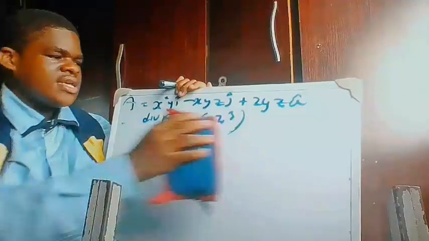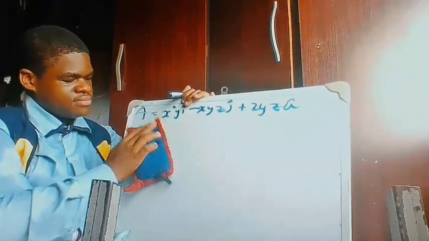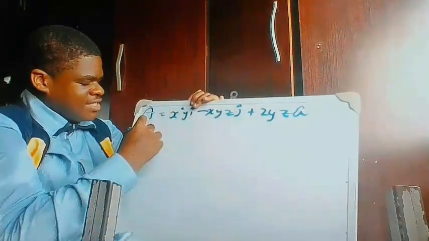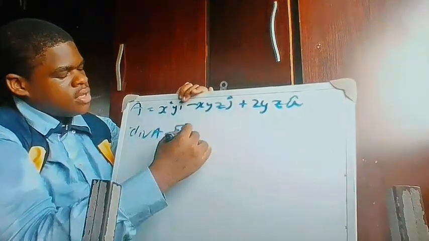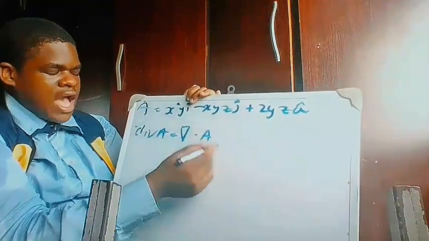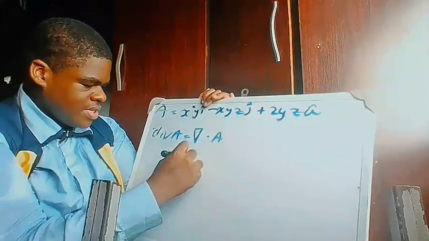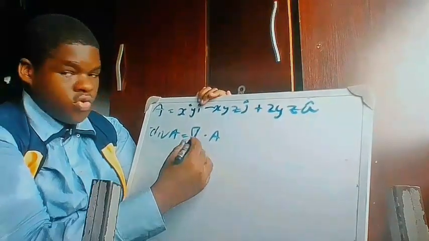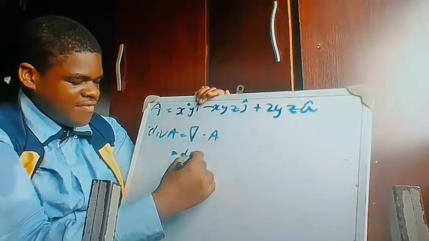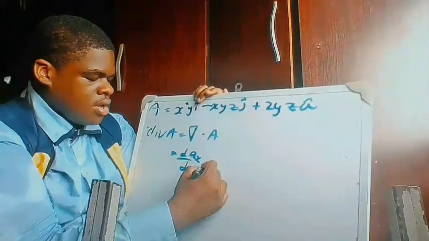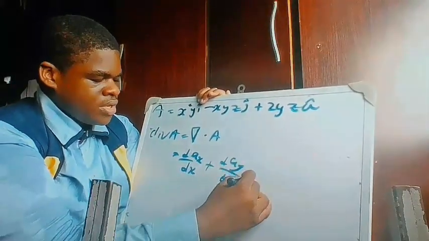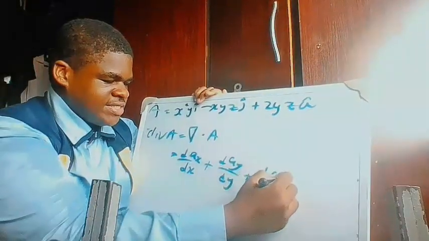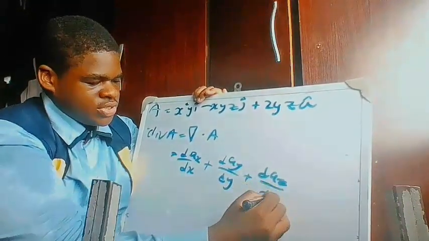For space, I'm going to just clean this off. Remember that your divergence of A is equal to nabla dot A. And nabla dot A is equal to the derivative of the coefficient of i, that is the derivative of Ax with respect to x, plus the derivative of Ay with respect to y, plus the derivative of Az with respect to z.